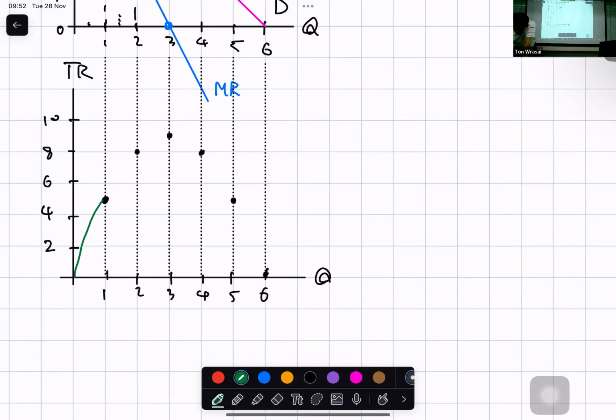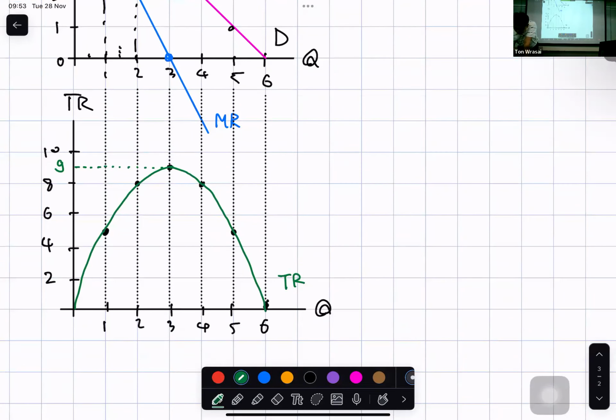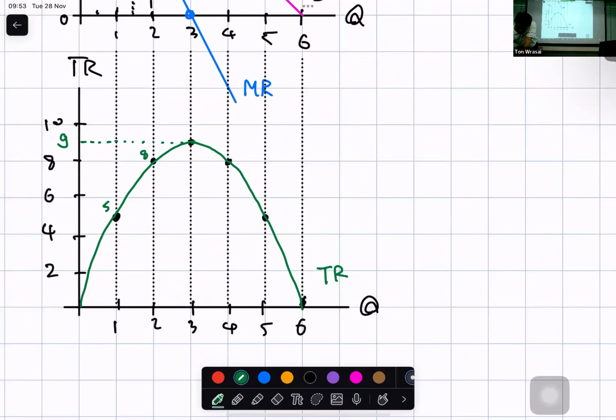The total revenue curve arrives at a peak at 9. Maybe just say this: 5, 8, 9, 8, 5, 0.